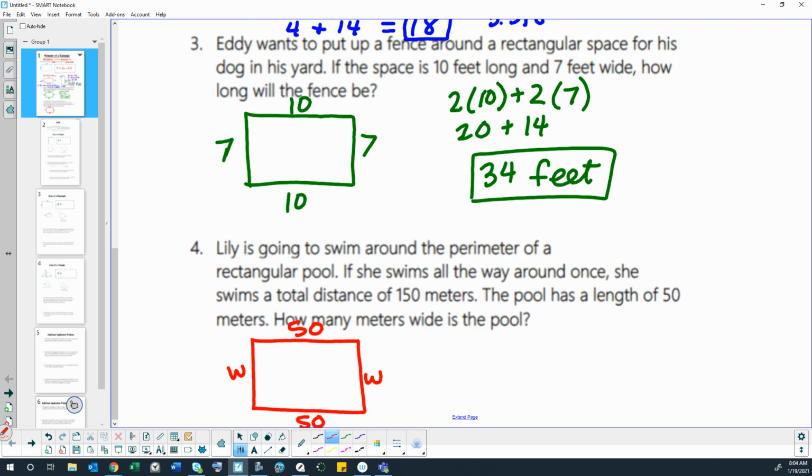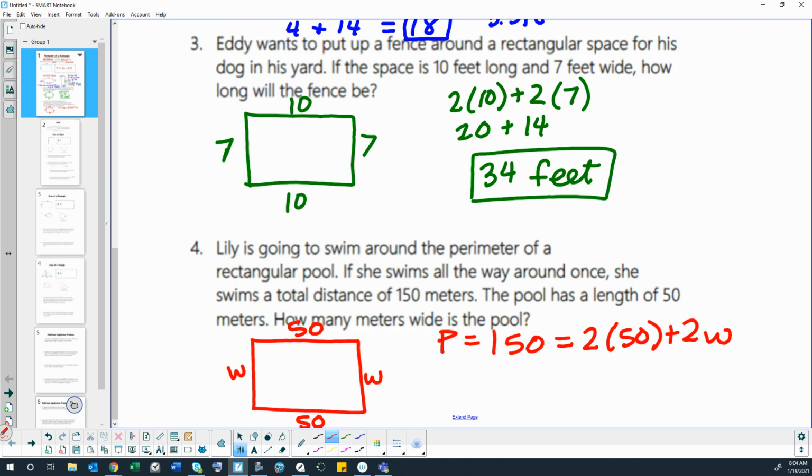Altogether, 2 lengths plus 2 widths is going to add up to 150 meters. So 2 lengths, which was 50, and 2 widths, which I don't know the answer to, is going to add up to 150 meters. So let's go ahead and work backwards just like we did on question 2.